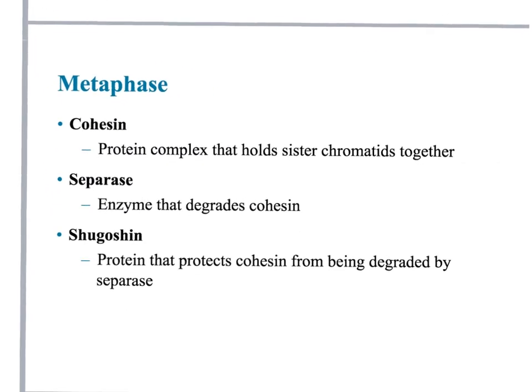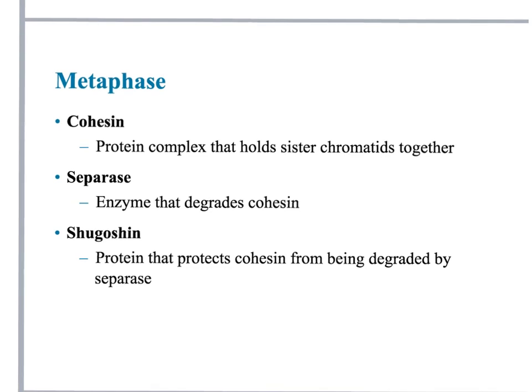And then a cohesion protein complex holds the chromatids together. Separase is the enzyme that degrades the cohesion, allowing them to be pulled apart. Sugoshin is the protein that protects cohesion from being degraded by separase.